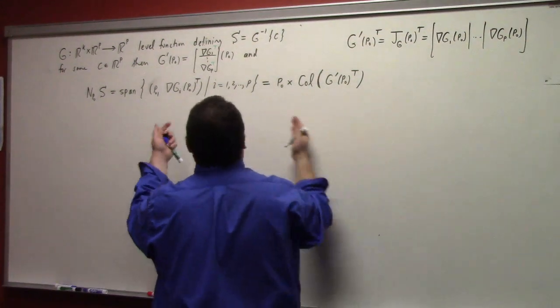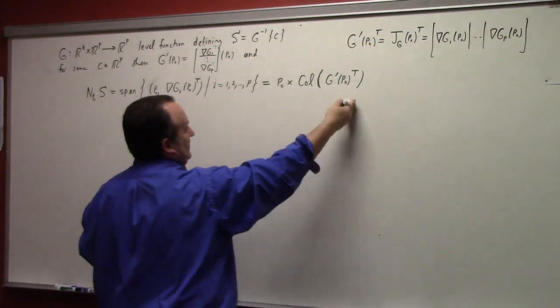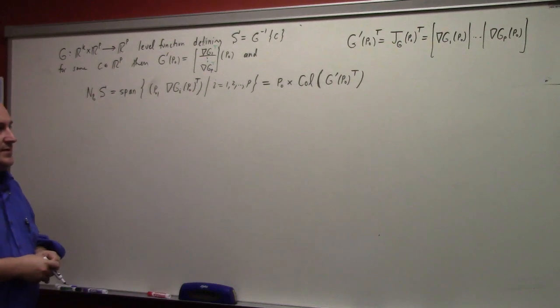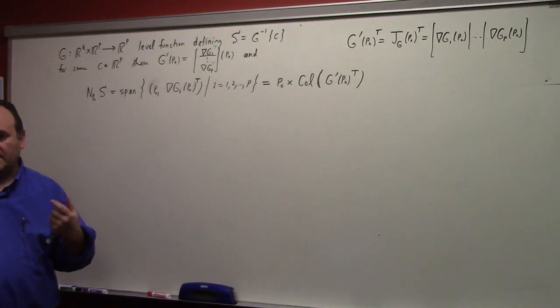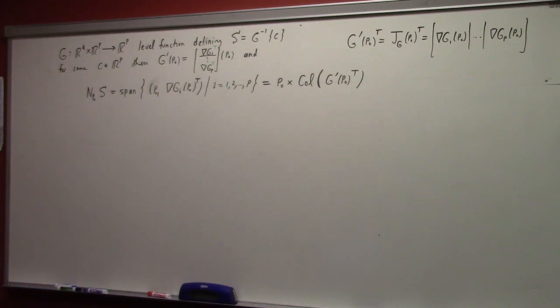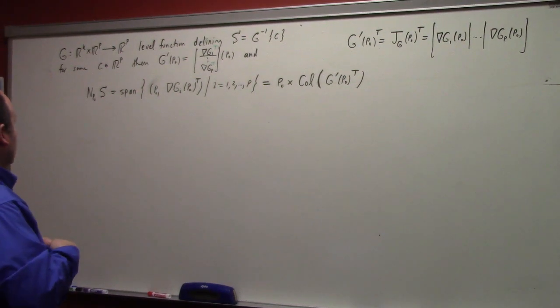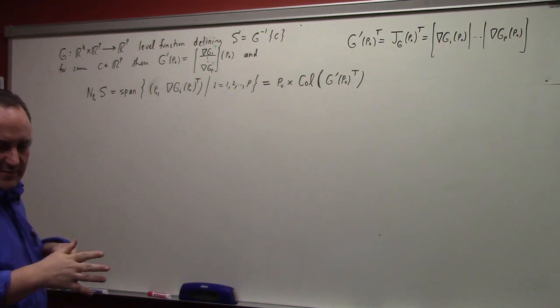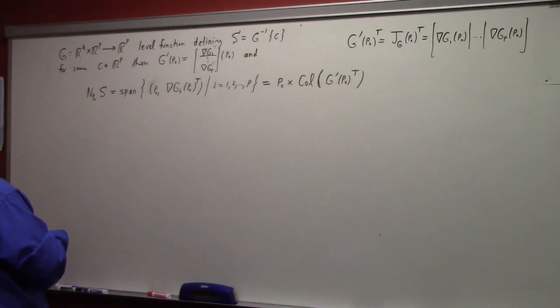And so this is nothing more than the column space of G prime of P naught transpose decorated with P naught, if you will. This language, decorated, I don't think is in my notes. I just thought of it. I think I like it though.